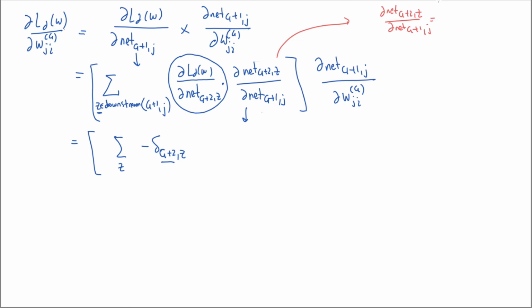Okay, so what is net of g plus 2z? I can use the chain rule to break this up into two pieces. Sorry, that should be G plus 1.